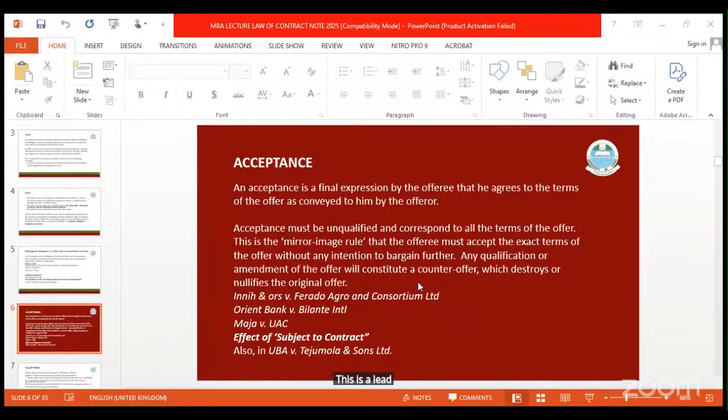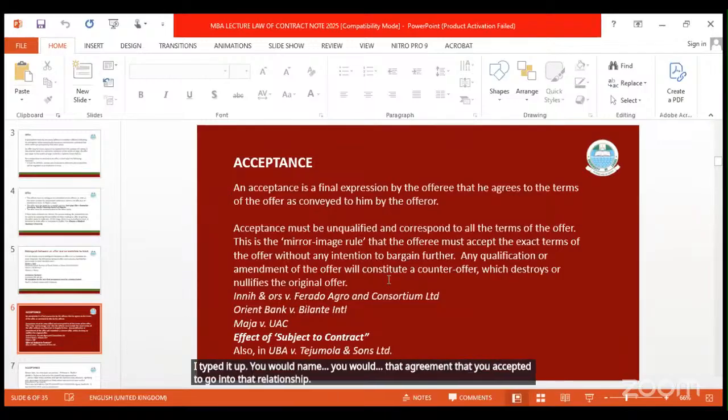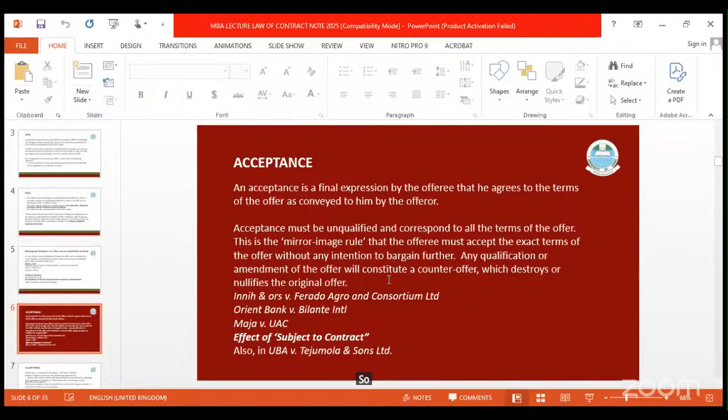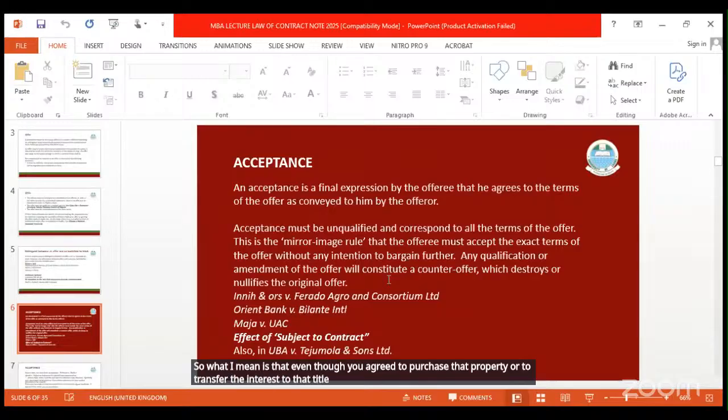It is required, most times, that in the agreement you accepted to go into that relationship, you put a clause on it known as subject to contract. So what I mean is that even though you agree to purchase that property or to transfer the interest in that title, it's still subject to contract.